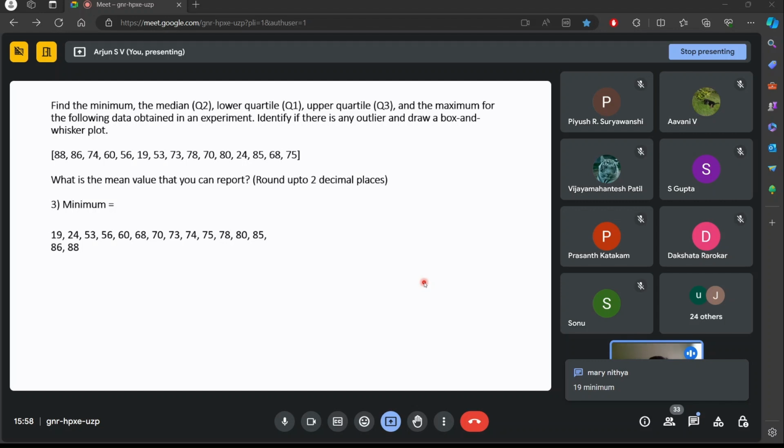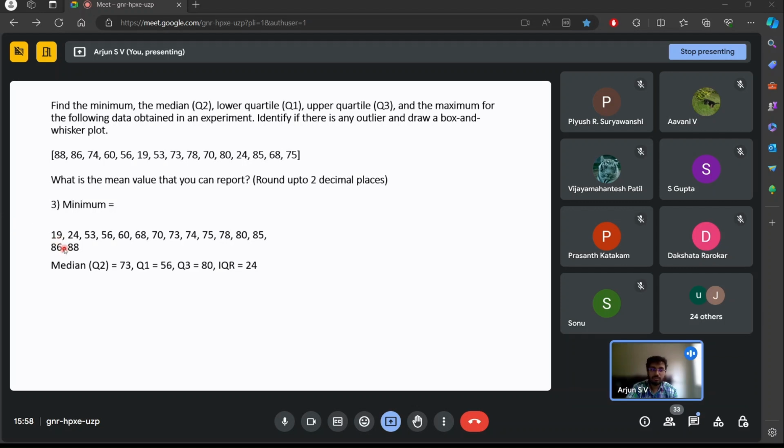The first way to do it is by arranging all the numbers in ascending order, which I have done here, 19 to 88. 19 will be the minimum value, 88 will be the maximum value in the ascending order. Your median will be the middlemost point. Here we have 15 values, so median will be the eighth value from the start, which is 73.